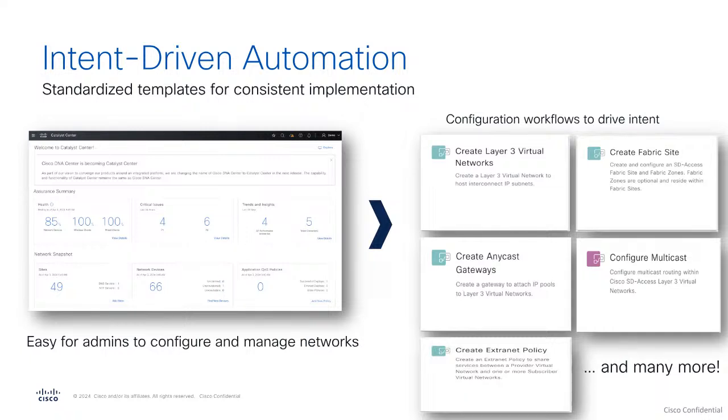An intent could be, I want to define a VLAN, I want to create an SSID, I want to instantiate an IP pool, or I want to define a policy. So it basically comes down to what my end goal is going to be. Each time this workflow is run from the Catalyst Center, it deploys the same configuration consistently at each and every site that you decide to bring up.